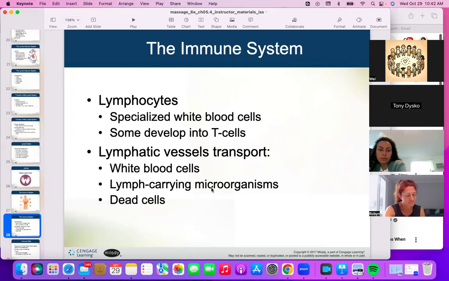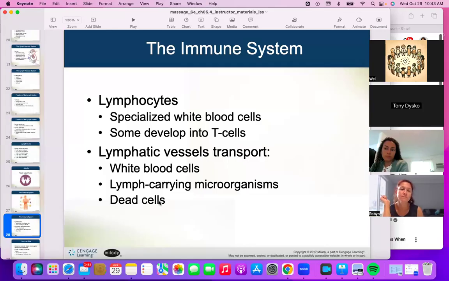The lymphatic system and the blood vessels transport white blood cells throughout the body to the site of the infection. The lymphatic vessels also transport the lymph, carrying the microorganisms and dead cells, from the infected area into the lymph node, where they can be digested and eliminated.